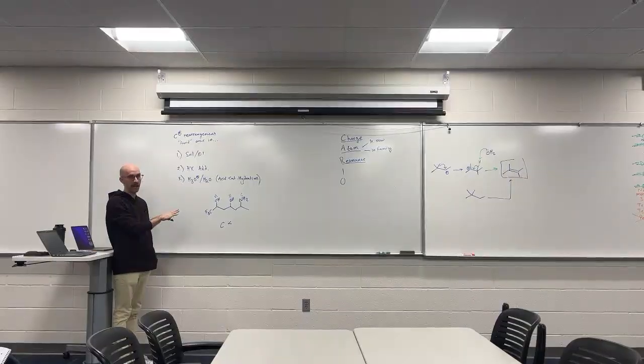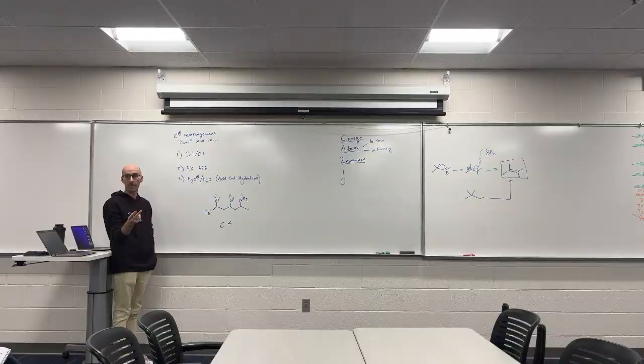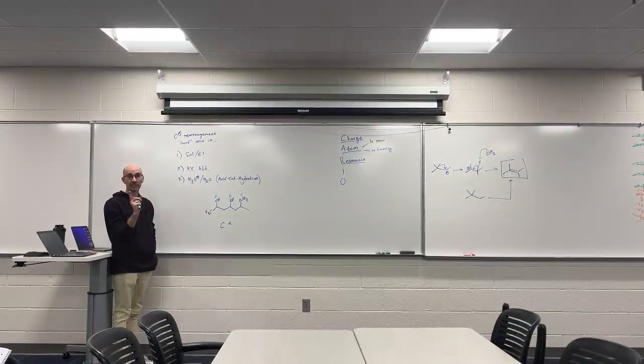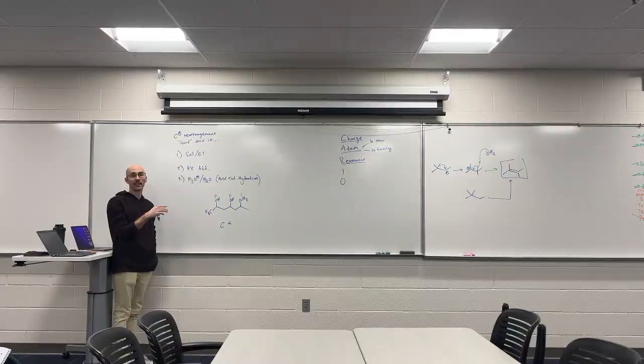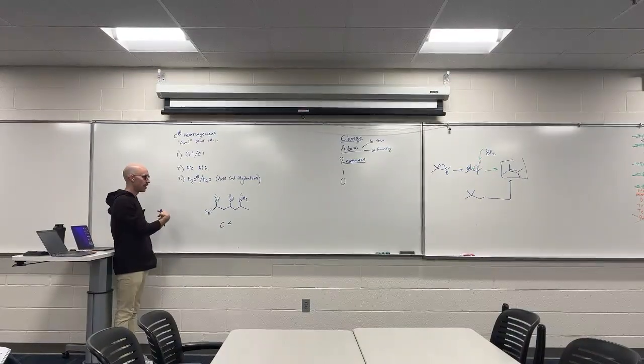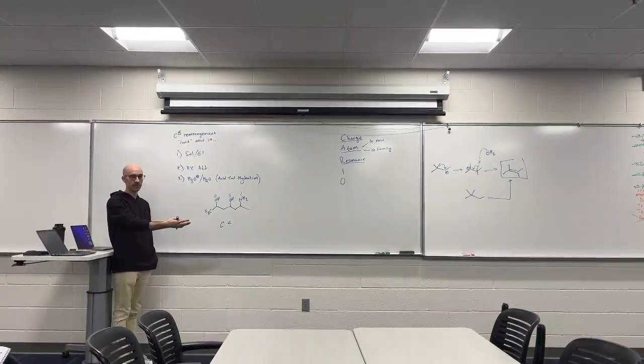In order for resonance to exist, in order to have the capacity for resonance, a structure has to have what? Pi bonds. You can't have resonance without the movement of pi electrons, so you need pi bonds. Are there any pi bonds to consider here?